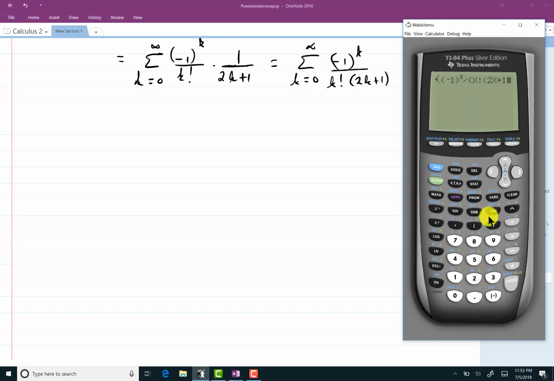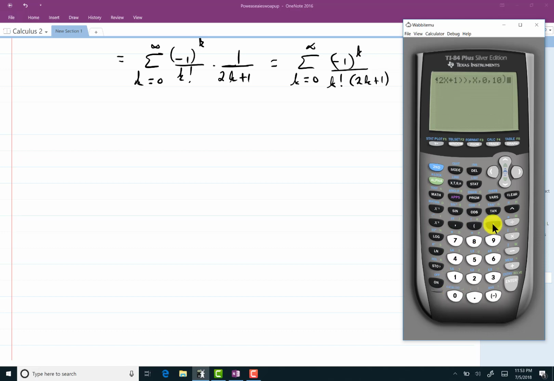I've got to remember to finish off the 2x plus 1, then I have to remember to finish off the parenthesis. Now, I believe you can put what is going to be used as the variable here. Tell it x. I think you'll be okay here. Comma. Where does it start? 0. How high do you want to go? I'll start with 10.